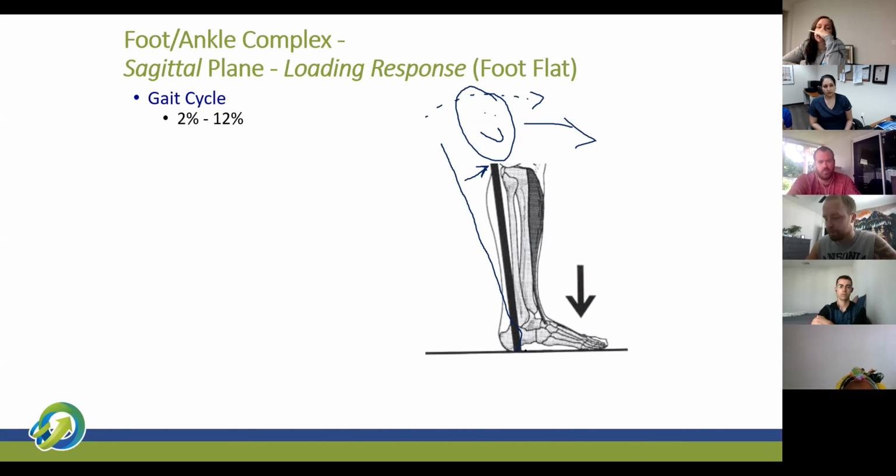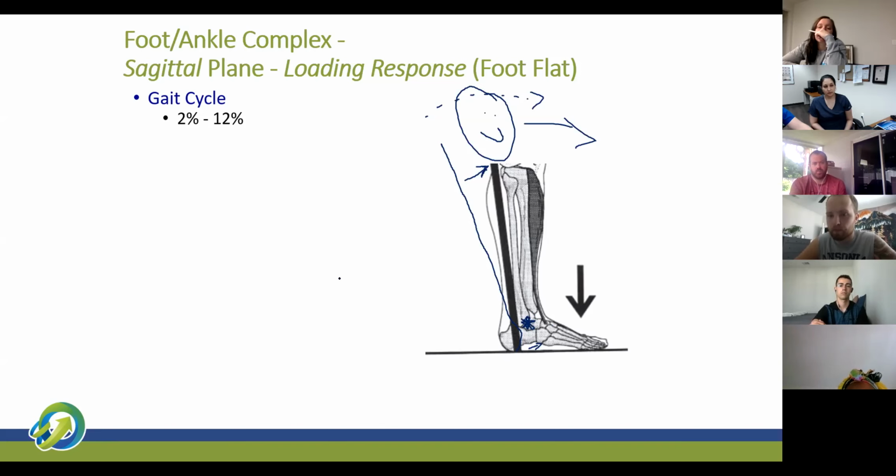It's still on the heel, because up until foot flat and it starts to move to the midfoot, that's still where most of the weight is being borne on the lower extremity. So my ankle joint is still roughly here, and we have a very strong plantar flexion moment as the ground reaction force is posterior to the ankle.